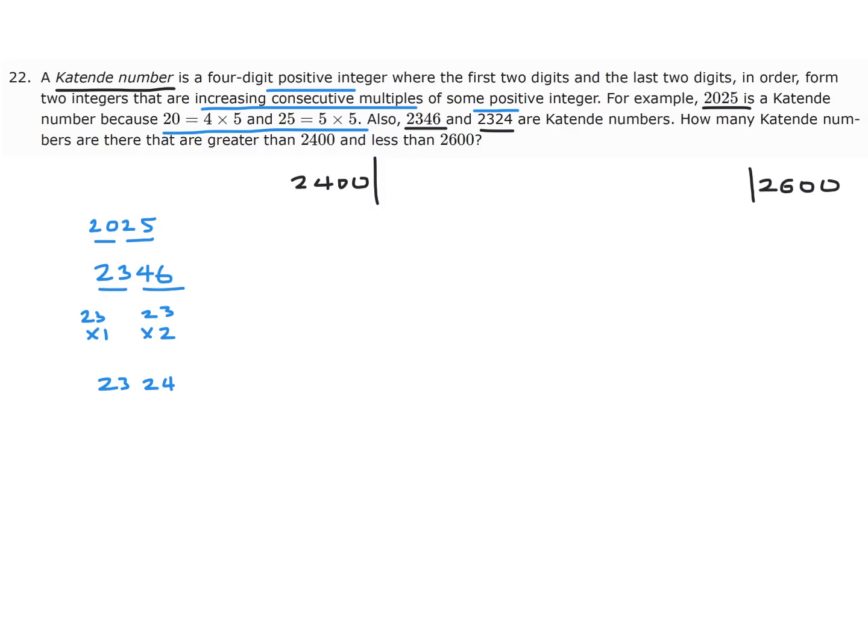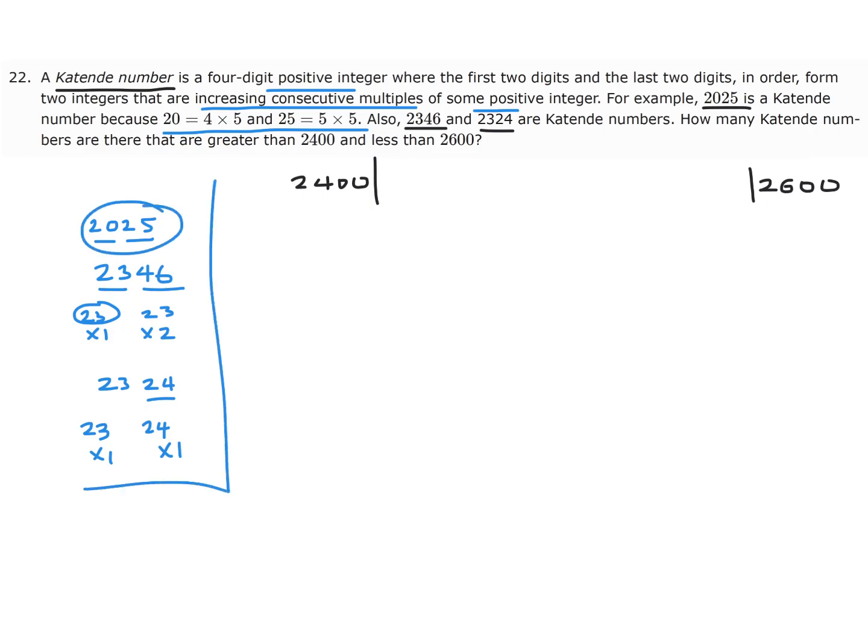Well, I think that's 23 times 1, and then this number is 24 times 1. So they're multiples of 1. Or this was multiples of 23, this is multiples of 5. So I hope you guys understand.